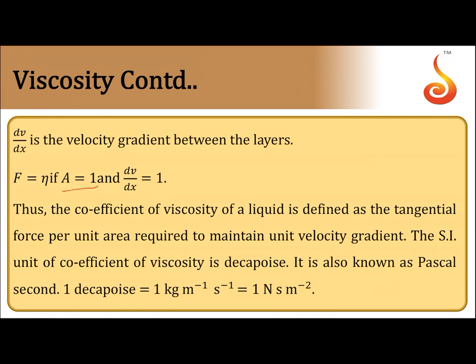So if A is equal to 1 and dV by dx is equal to 1, then F is equal to eta. So the coefficient of viscosity of a liquid is defined as the tangential force per unit area required to maintain unit velocity gradient. The SI unit of viscosity is decapoise, which is equal to 1 Newton second per meter square.